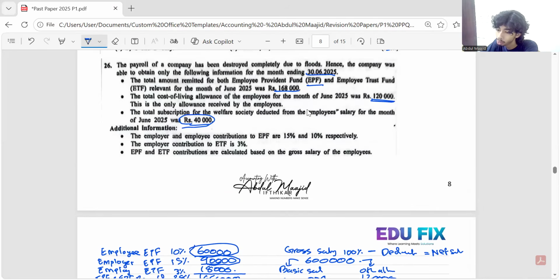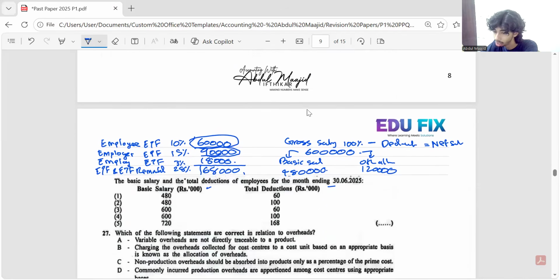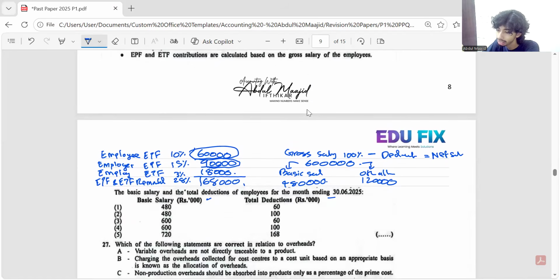So here employee contribution 60, subscription for welfare society 40, total deductions are 100,000. So basic salary 480 and deduction 100,000, answer number 2. Just in case they ask for net salary, gross salary is 600, deductions are 100,000, therefore net salary would be 500,000.